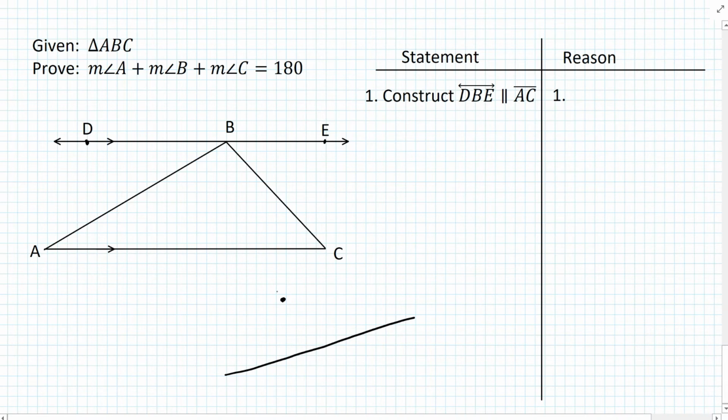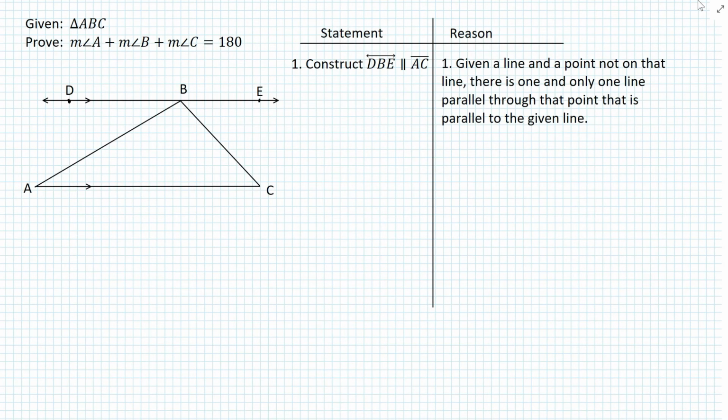The question is, how many lines can we draw through this point B such that it's parallel to this line? And the answer is only one. That is one of Euclid's postulates that we can use here. The postulate states that given a line and a point not on that line, there is one and only one line through that point that is parallel to the given line. And that's the reason why we're able to construct line DBE parallel to segment AC.